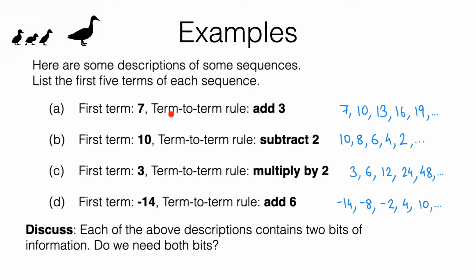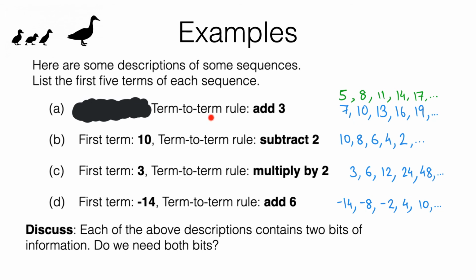What if we had the term-to-term rule on its own? Well, great, that is helpful, but how would we know where to even begin? What would the first term of this sequence even be? We would have no idea. For example, we might just guess and put down a 5. If we add 3 each time, we would get 8, 11, 14, 17, and so on, which is a sequence that follows this term-to-term rule, but it's not the same sequence as this one in blue.